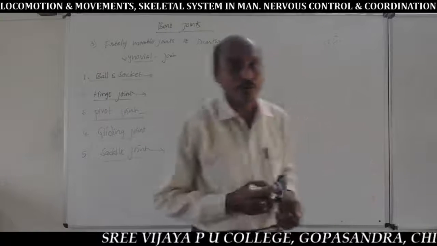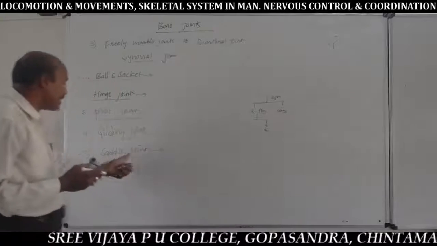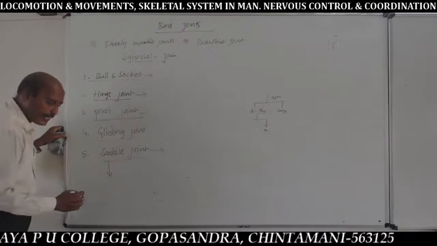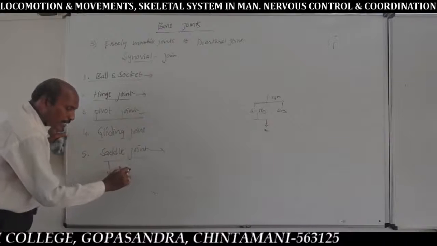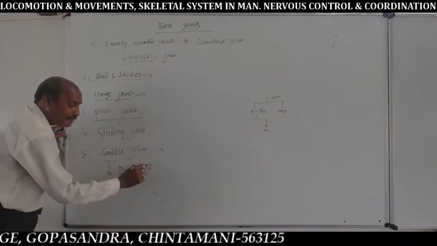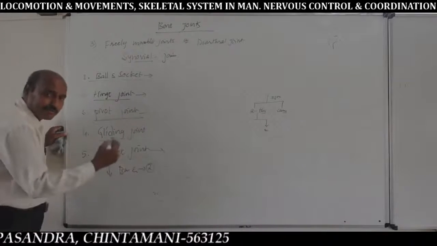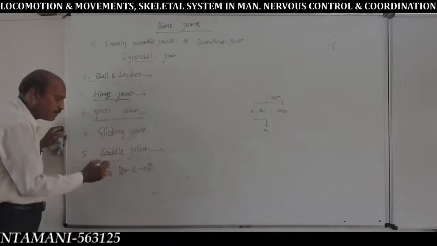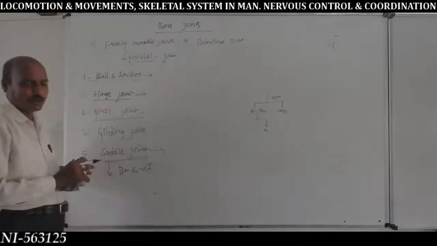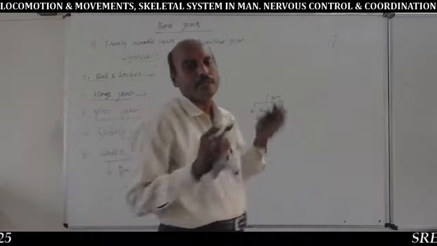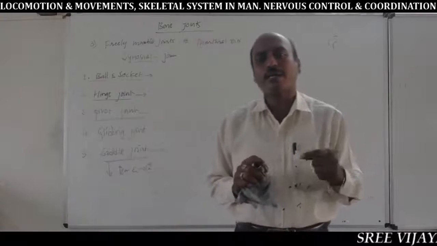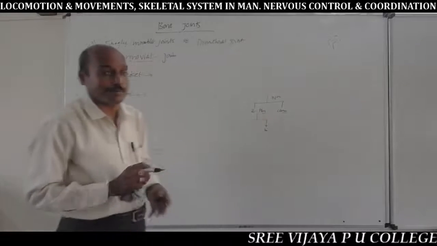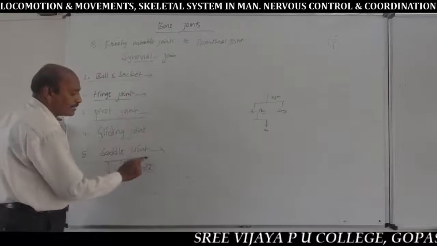So the saddle joint is a type of joint in which ball and socket are incompletely developed. That is the meaning of saddle joint.